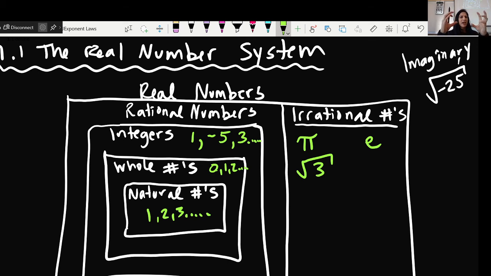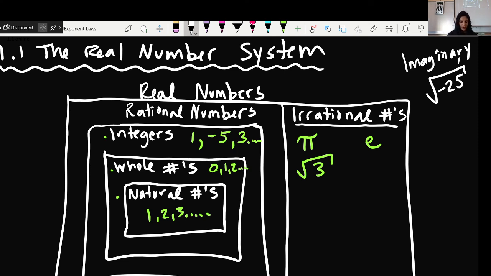So you can see the pattern. The further in that we go, the pickier we are becoming, or we're dropping off or leaving some things off. So integers, whole numbers, natural numbers, they are all rational numbers, but not all rational numbers are natural numbers, right? So it's a little bit picky. It requires a little bit of thinking, but that's basically it for this section.